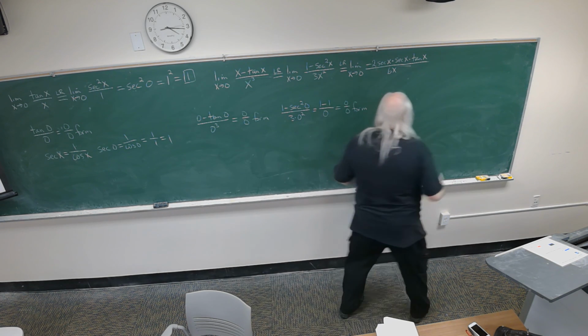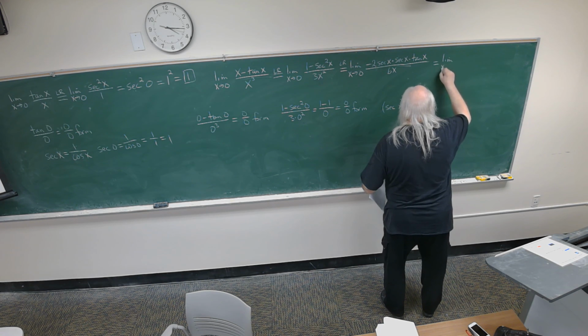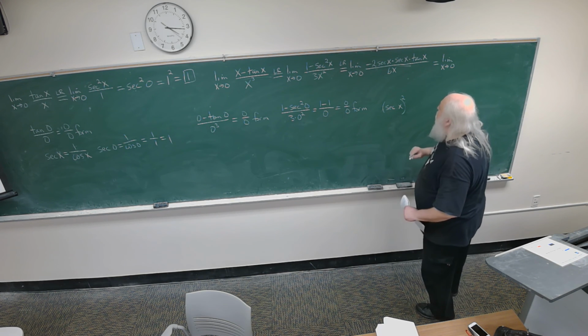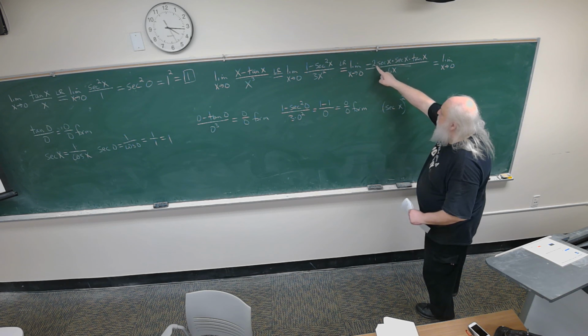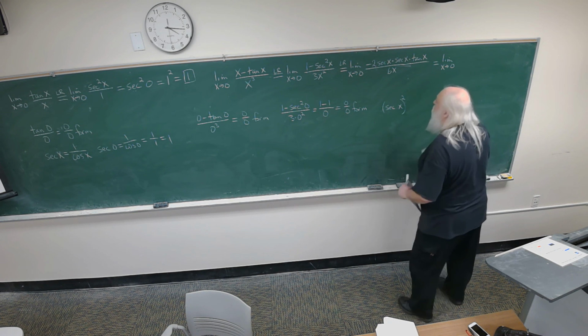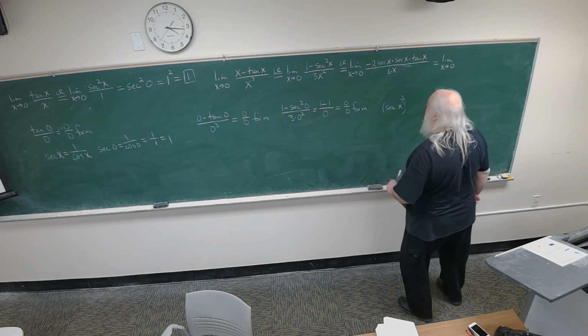So, clean this up a little bit. 2 and 6 are both divisible by 2. So 2 divided by 2 is 1, and 6 divided by 2 is 3.